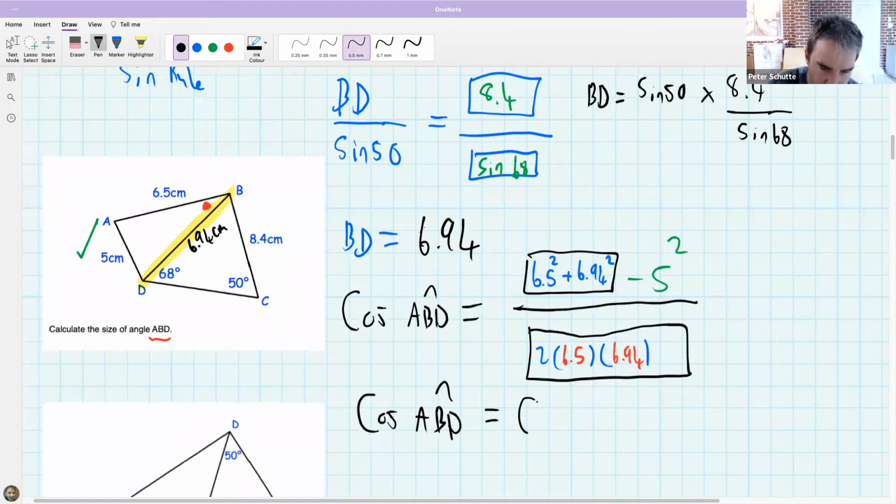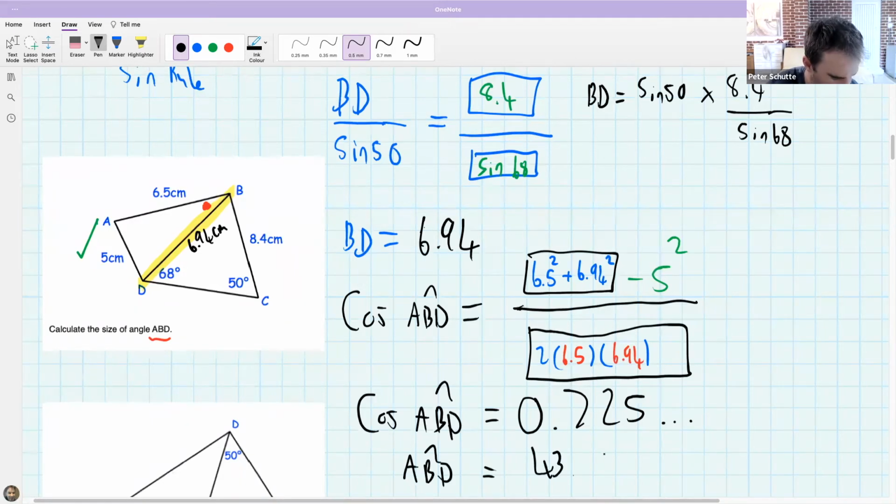Yeah, so the first part here, you should be getting 0.725 and so on. And then if you hit shift cos answer, you should be getting 43.53 degrees. Okay, and so what that means, everyone, is that this one up here is going to be 43.53 degrees. That is going to be my answer.